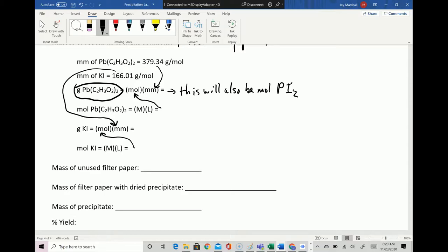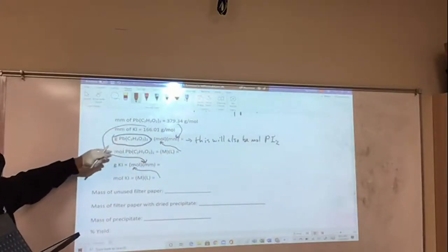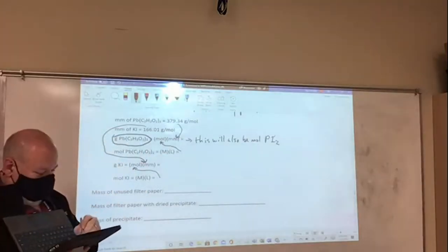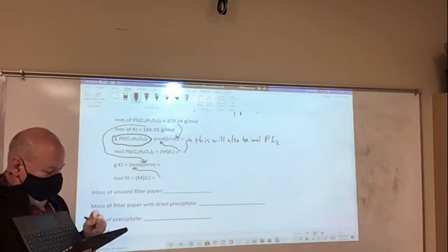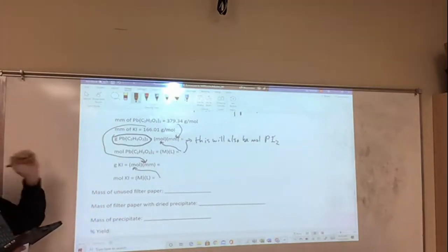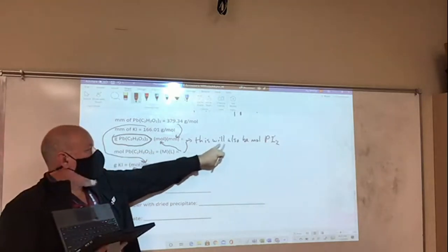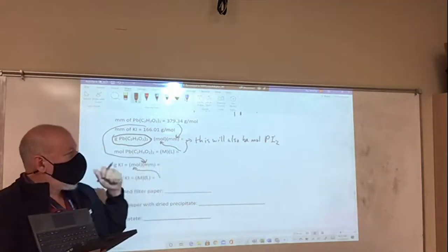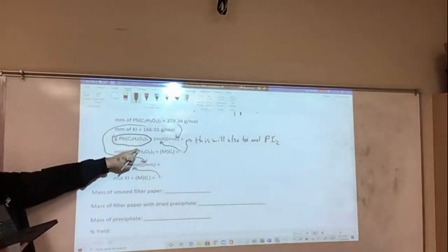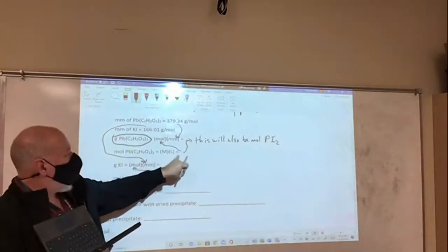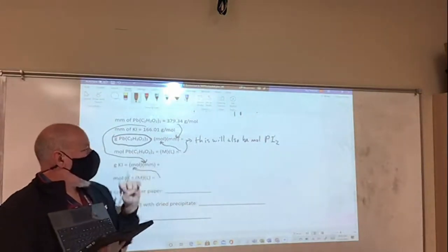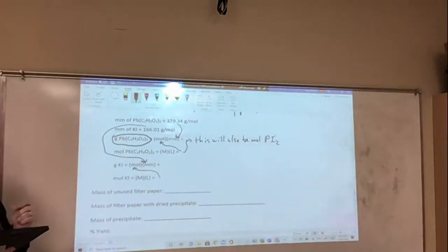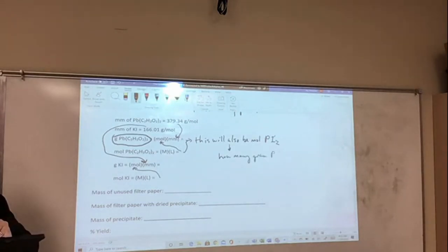So since you know how many moles of lead iodide you're supposed to get based on this calculation, this will be the number of moles of lead iodide. That will allow you to figure out how many grams of lead iodide.